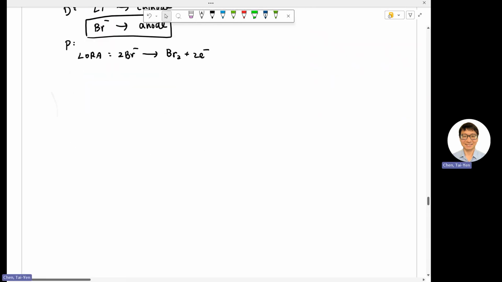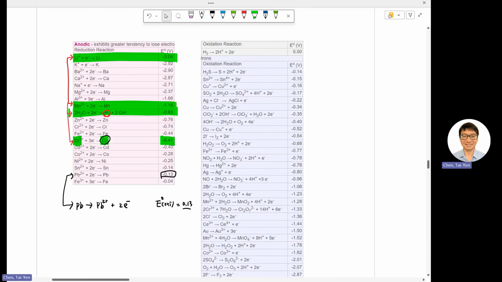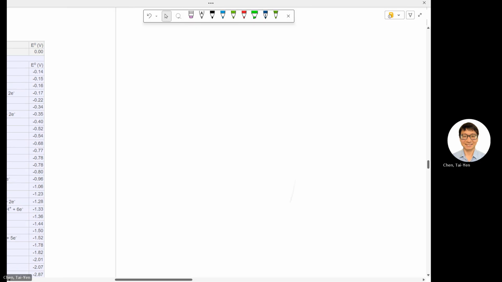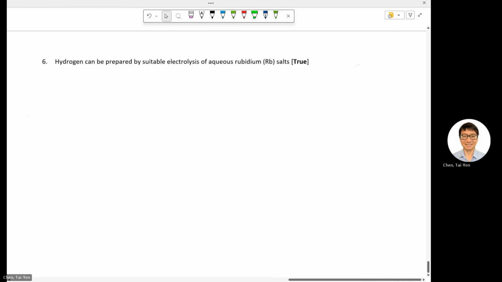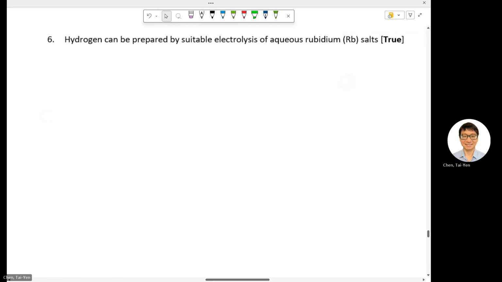Okay. So let's do the question. This is a very standard type of question you're going to encounter. The statement is like this: hydrogen can be prepared by suitable electrolysis of aqueous rubidium salt.